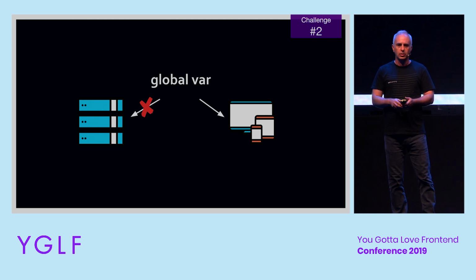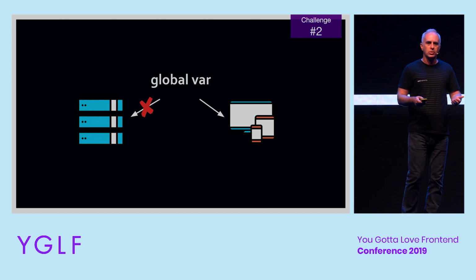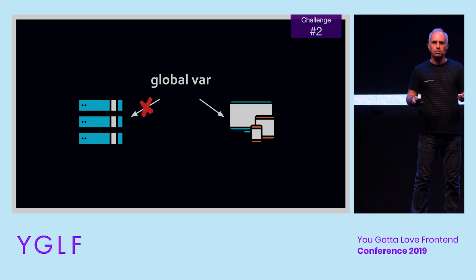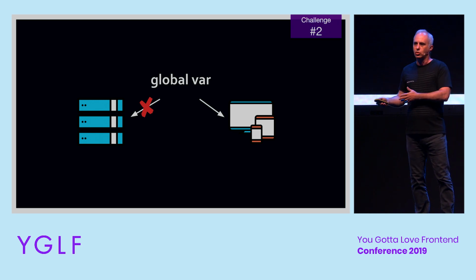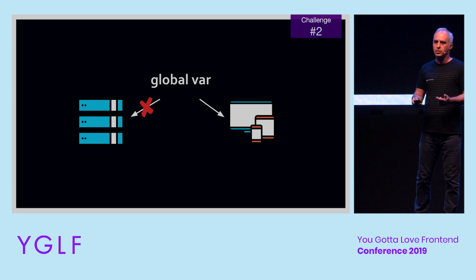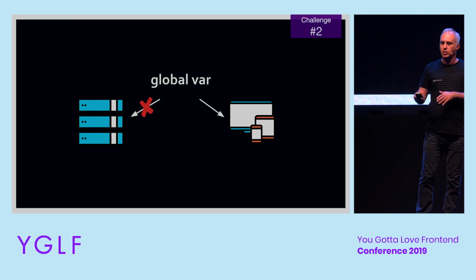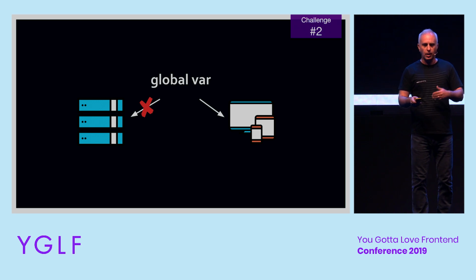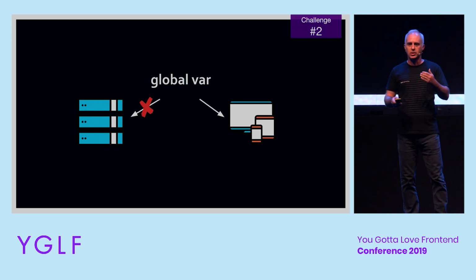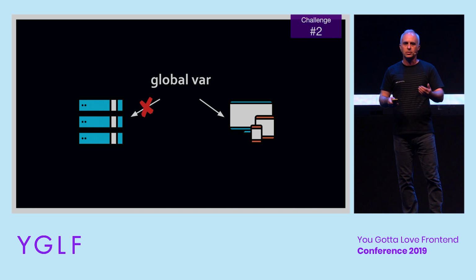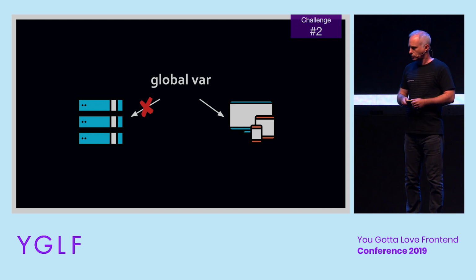And obviously, this can introduce all sorts of security concerns, privacy concerns, or just plain old bugs, because you assume, let's say, that a certain counter is initialized to 0, but you end up with whatever it was at the end of the previous session. And this could certainly happen when you're running multiple sessions at the same time, but it can even happen when you're running multiple sessions sequentially within the same node instance.